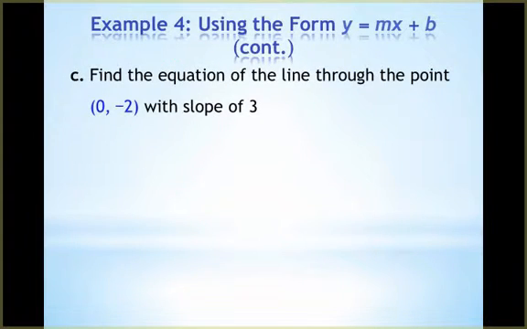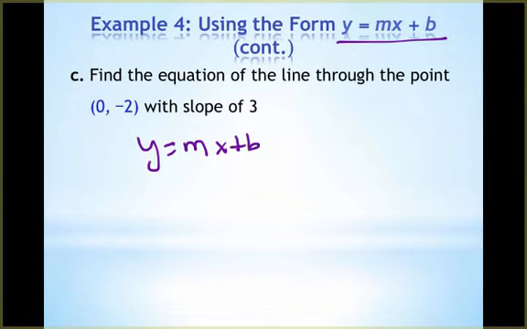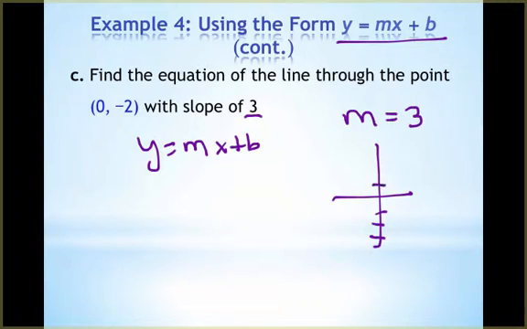Now, what if they give me information and want me to write the equation of a line in the form y equals mx plus b? It says find the equation of the line through the point (0, -2) with a slope of 3. Well, I know that tells me m is 3. And if I think of this graphically, (0, -2) would be over 0, down 2.